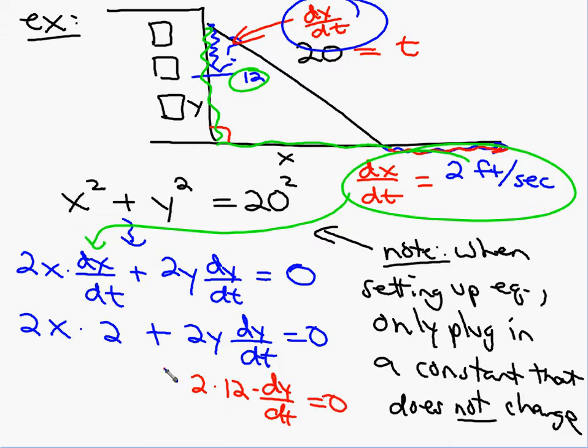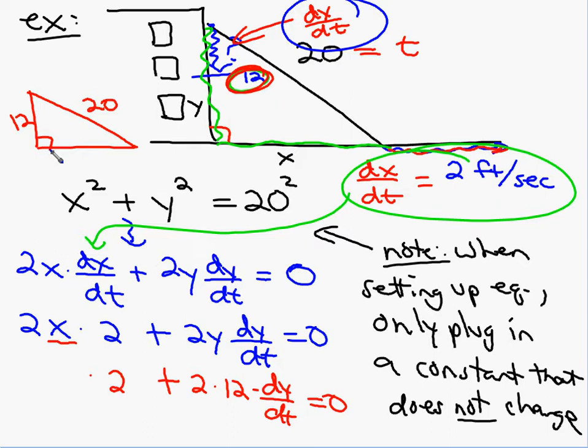equals 0 plus 2 times, I need to find the x value. How could I do that? The Pythagorean Theorem at that instant. At the instant that this took place, I have a little triangle that has a hypotenuse of 20 and a leg of 12. Remember, everything with the derivative is instantaneous.